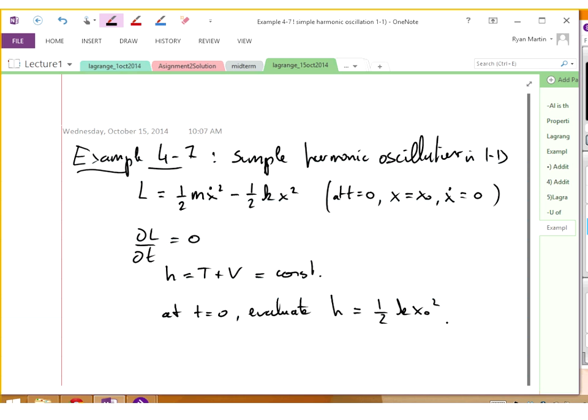This is how you would solve a simple harmonic oscillator problem. You could calculate the energy. So you can imagine pulling the mass back on the spring to position x naught, and then you let it go, right? So you can calculate the total stored energy as a half k x naught squared.